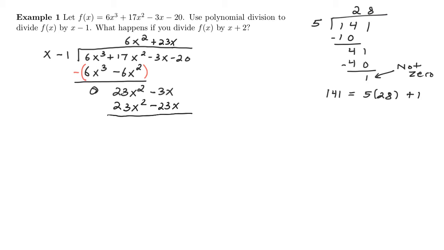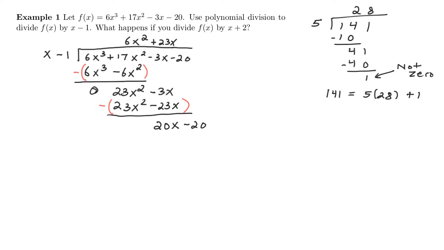But again, just being careful, I'm subtracting all this stuff, meaning I have 23x squared minus 23x squared, which is 0, but I have negative 3x plus 23x, which gives me an answer of just 20x, and I bring down the 20. So again, just to be clear, I did a minus 3x, then we had this minus a minus, which changed into a positive. That's 20x.